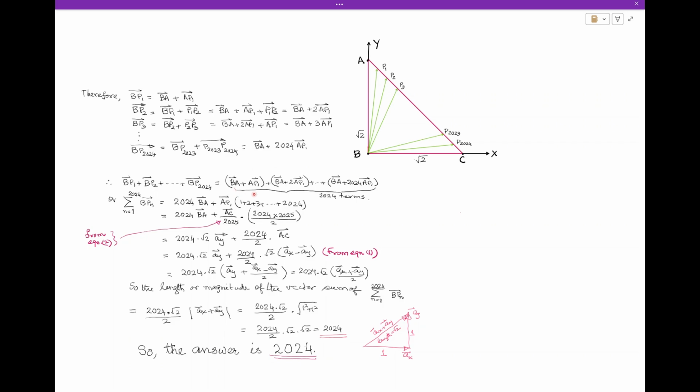And there are 2024 terms in this summation.